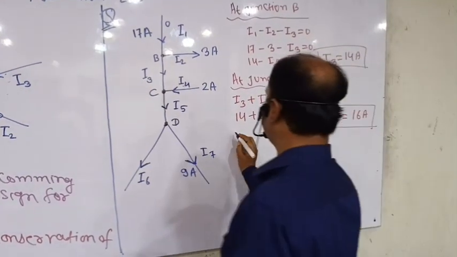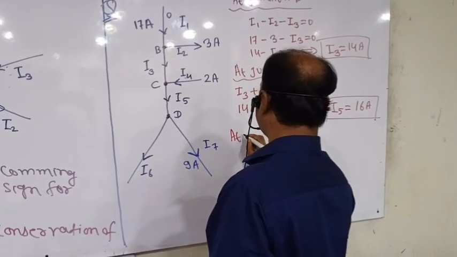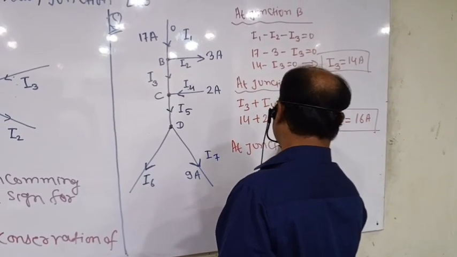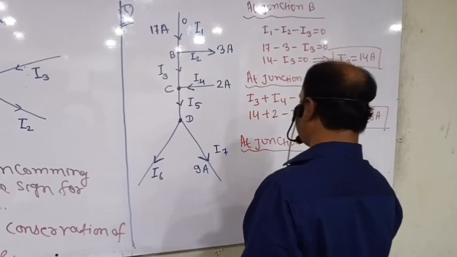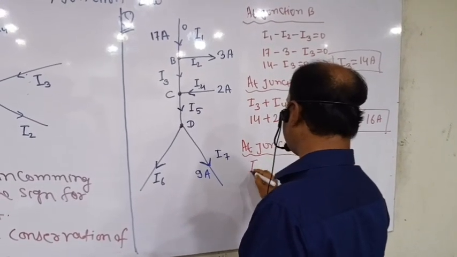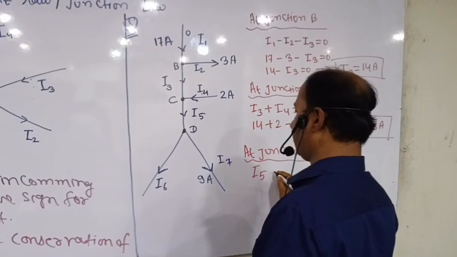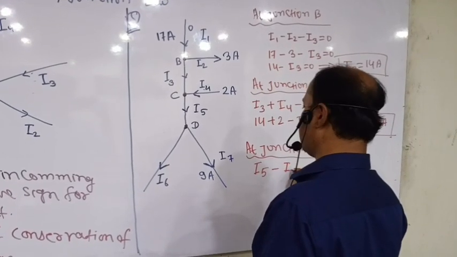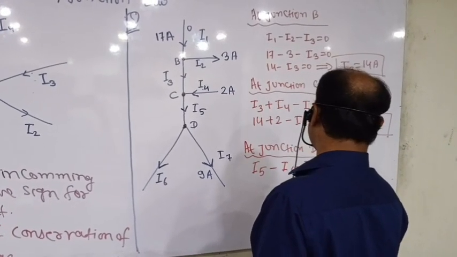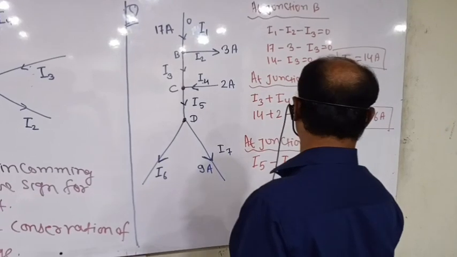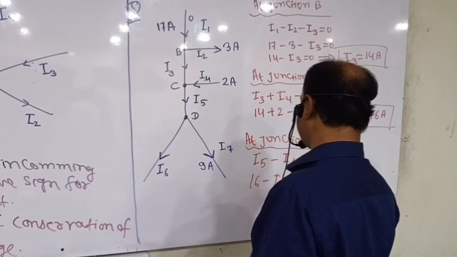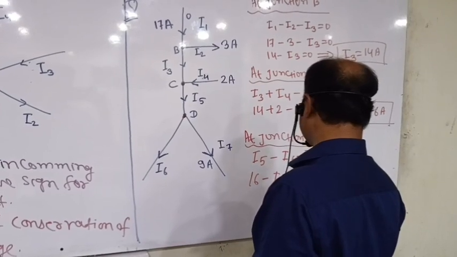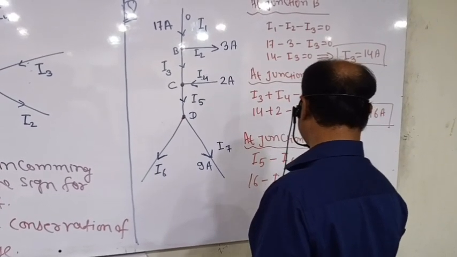Now we have to solve at junction D. Here I5 minus I6 minus I7 equals 0. The value of I5 is 16, minus I6, and the value of I7 is 9, equal to 0.